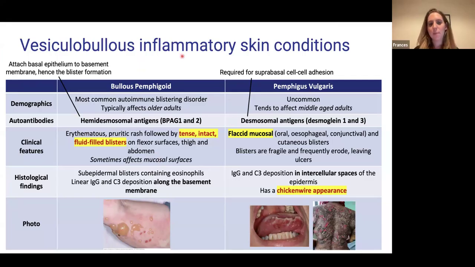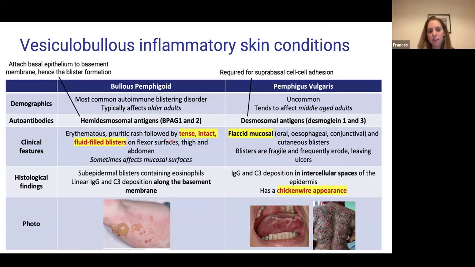So that's typically BPAG1 and 2. And what they're doing is they attach your epithelium to the underlying basement membrane. So at this point, what you're getting is essentially a separation between that epithelium and the basement membrane. So the fluid builds up underneath the epithelium, and the epithelium holds it in place. So because of that, you get these tense fluid-filled blisters, and they don't tend to burst.